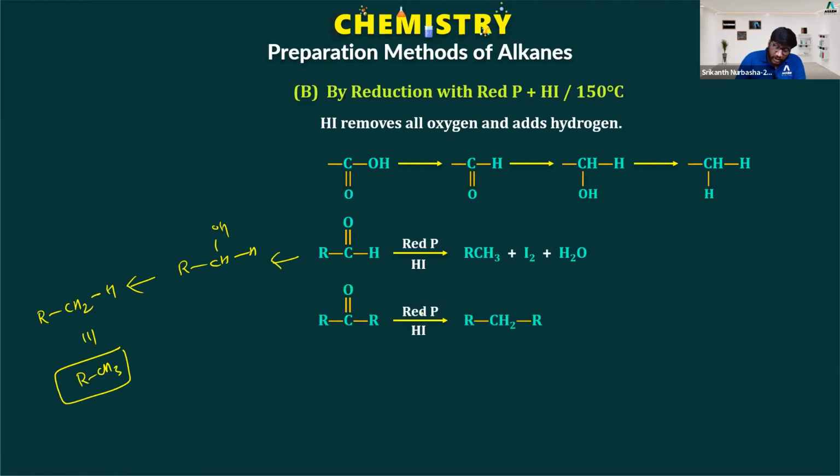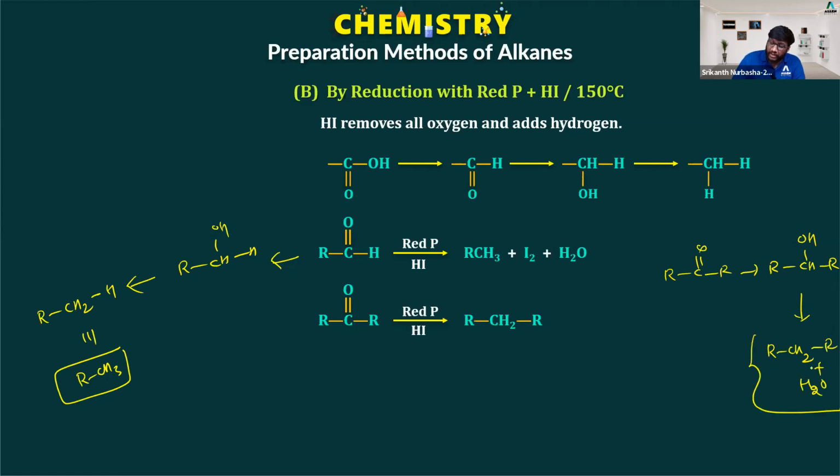RCHO with red phosphorus, what will it form? First you add a hydrogen to the C=O, so you get RCHOH. Again you add hydrogen, you get RCH2OH. If hydrogen is added to the OH, it becomes H2O.